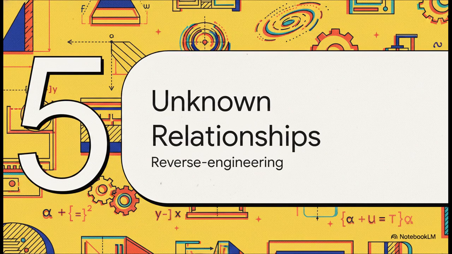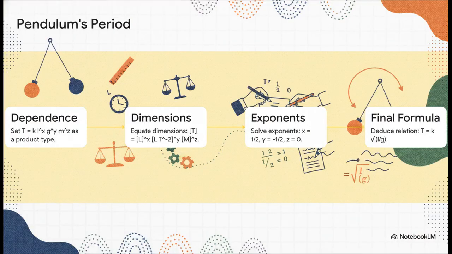Section 5. Deducing unknown physical relationships. Reverse engineering physics formulas. Okay, let's do a masterclass derivation for a pendulum's period T. We go on the offensive and guess it depends on length L, gravity g, and mass m raised to unknown exponents x, y, and z. We apply our dimensions.